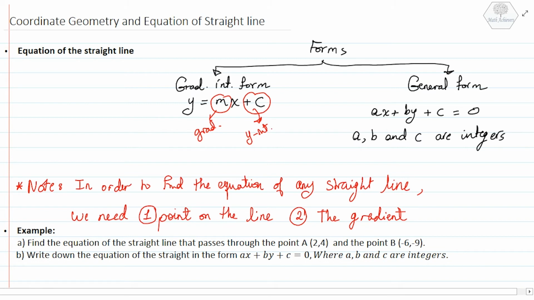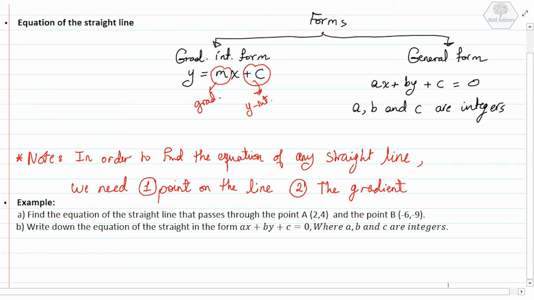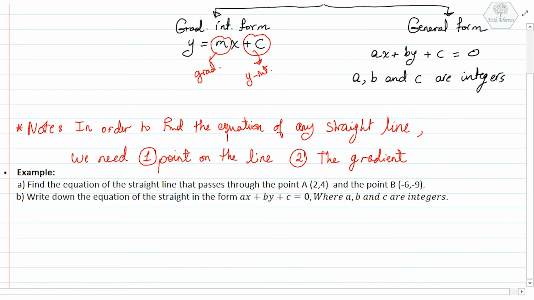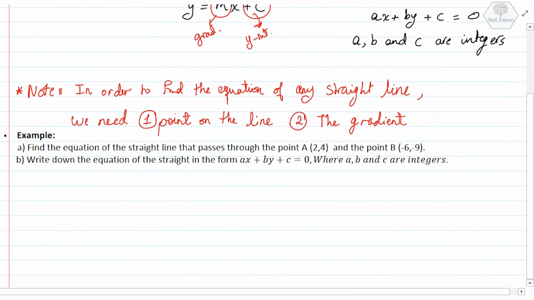Now, let's have an example to show clearly how we can find the equation of the straight line. The example says, for part A, find the equation of the straight line that passes through the point A, which is (2, 4), and the point B, which is (-6, -9).